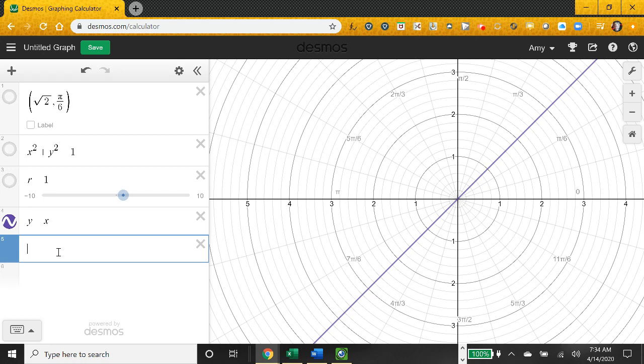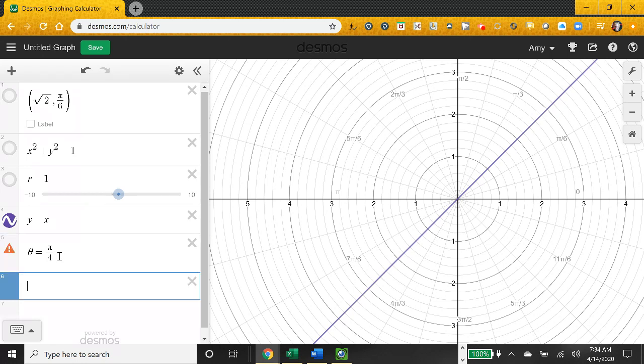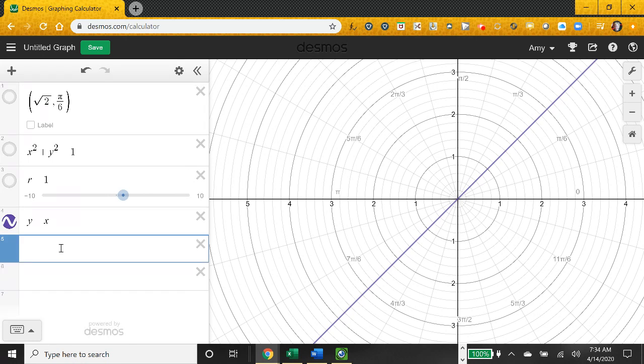I have only one theta, so I can type in theta equals, well, what is the angle always? The angle's always pi over 4. No, it doesn't like that, does it? I don't think we can graph it that way. But anyway, the equation of this line would be theta equals pi over 4 for all time, which is pretty cool. Anyway, that foreshadows what we're going to do next time.